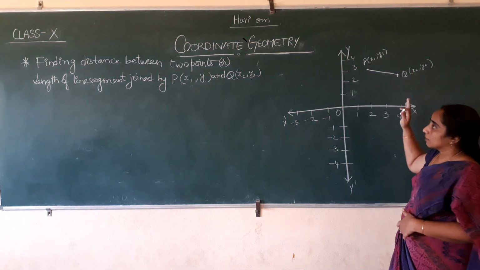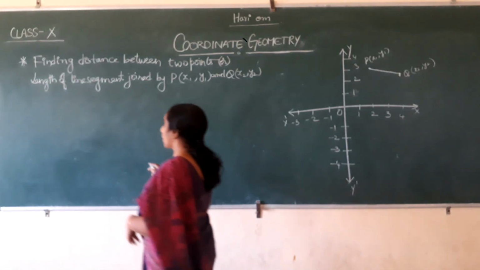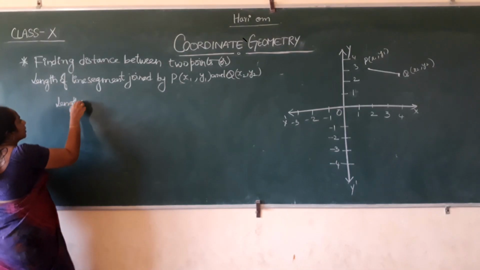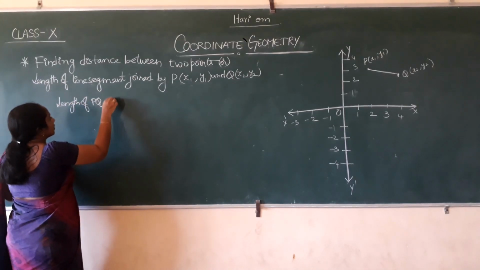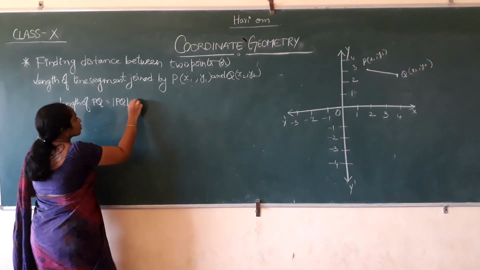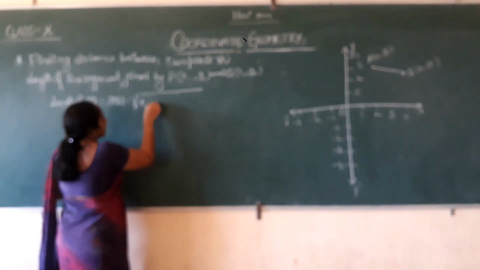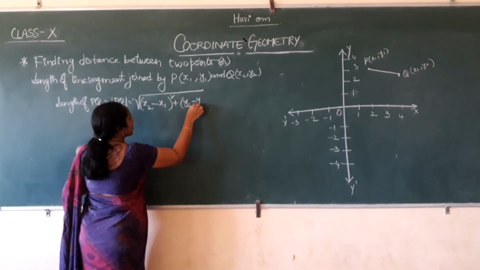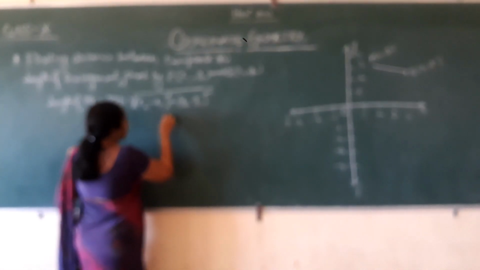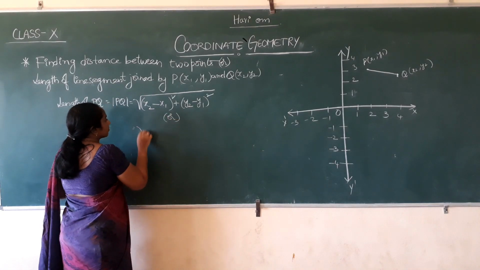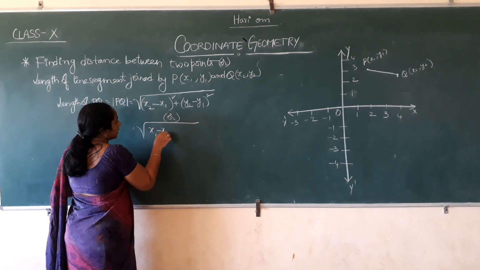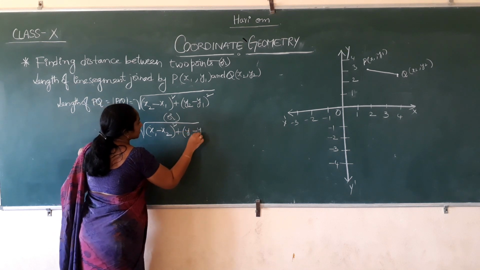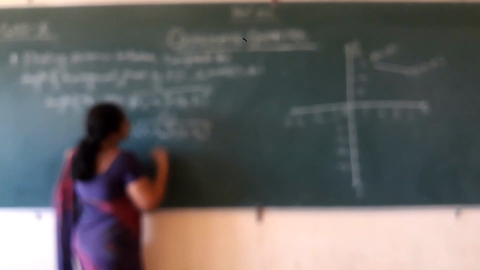So, for this we can use a formula: length of PQ is equal to the square root of (x2 minus x1) whole square plus (y2 minus y1) whole square, or (x1 minus x2) whole square plus (y1 minus y2) whole square.